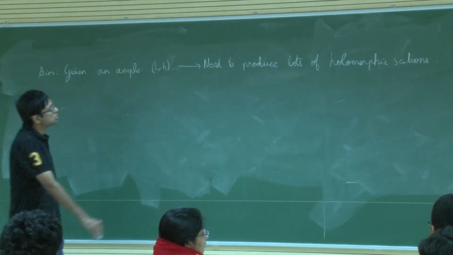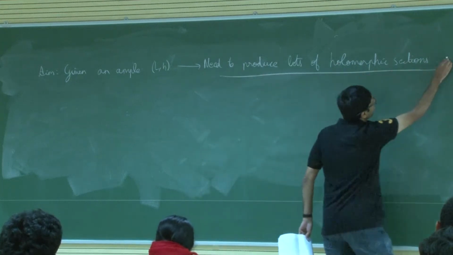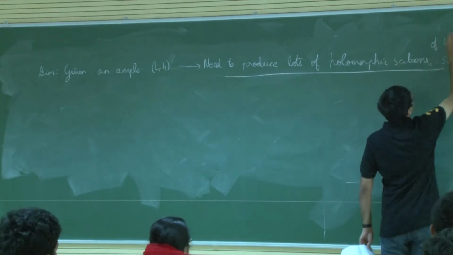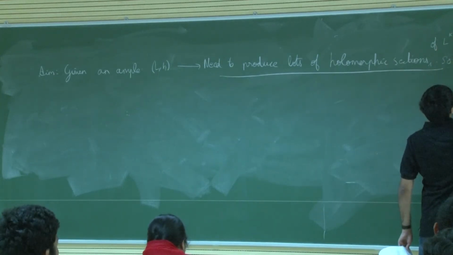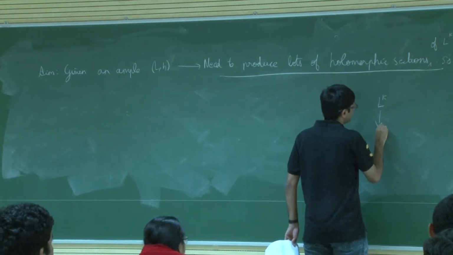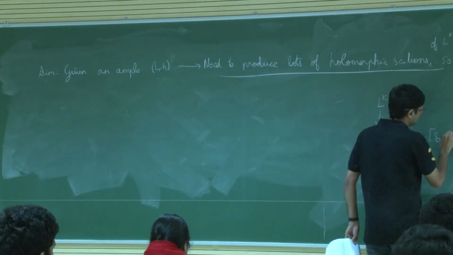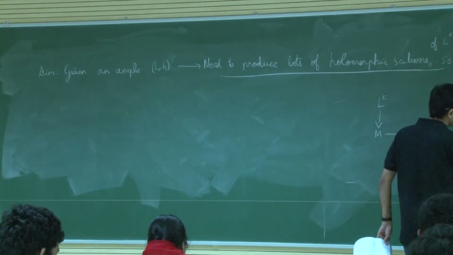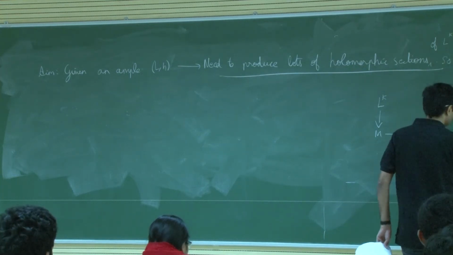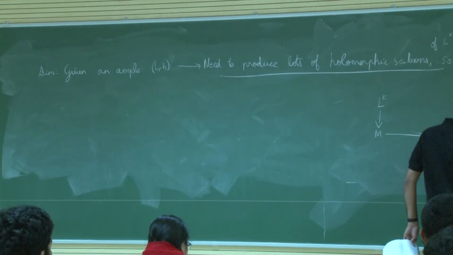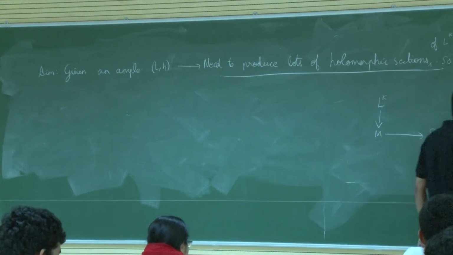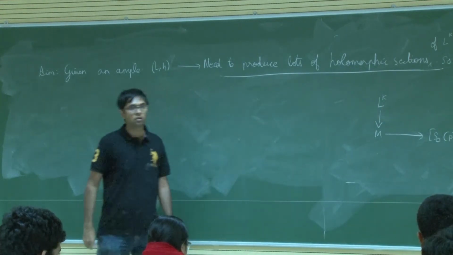So we need to produce lots of holomorphic sections of L raised to k, where k can be chosen to be as large as necessary, so that this is an embedding into CPM. Okay, so this is our aim.